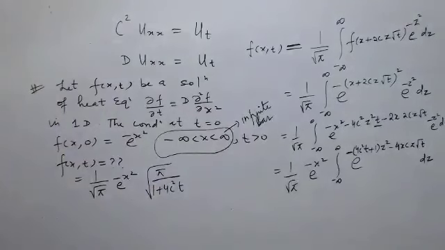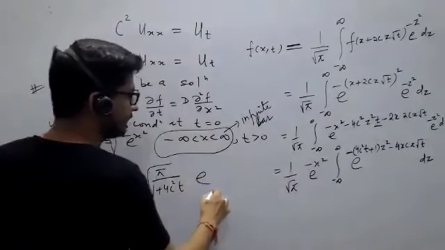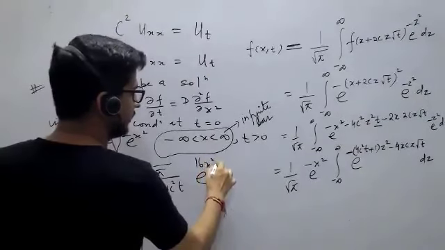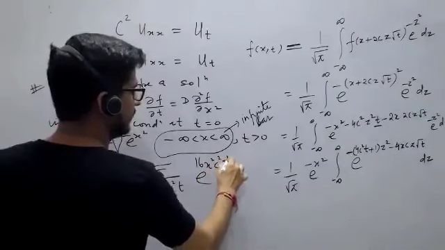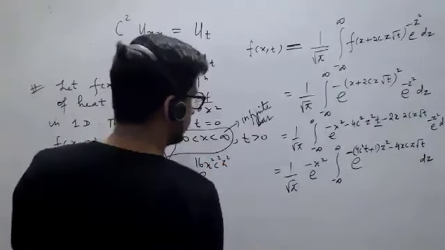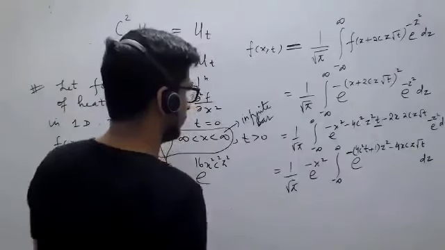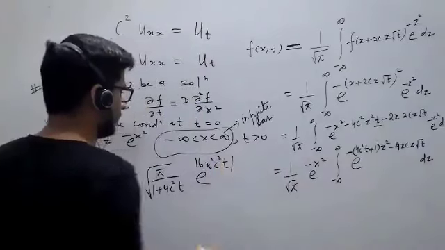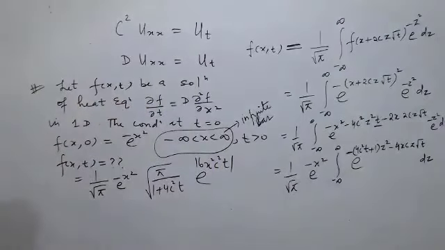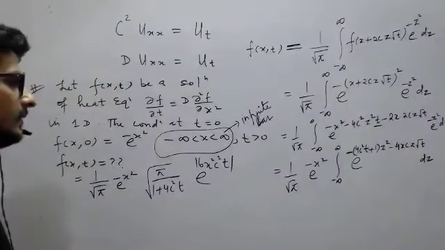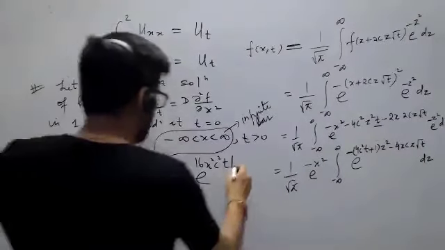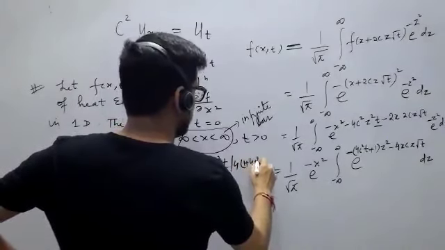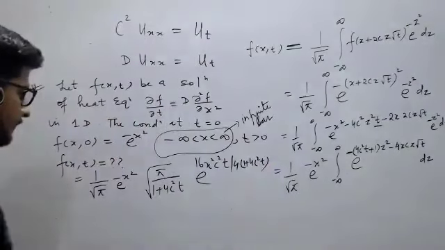Under root pi by a, e to the power b square, which is 16 x square c square t by 4 times a, which is 1 plus 4c square t. 4 and 16.